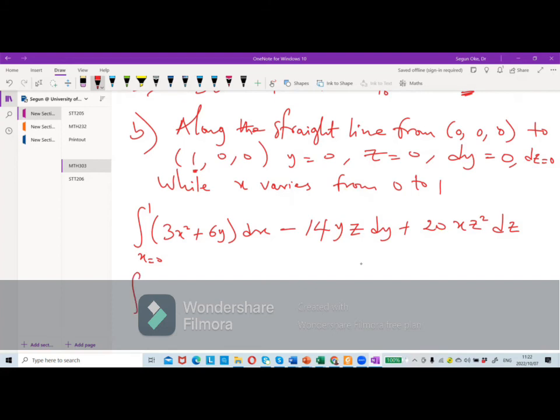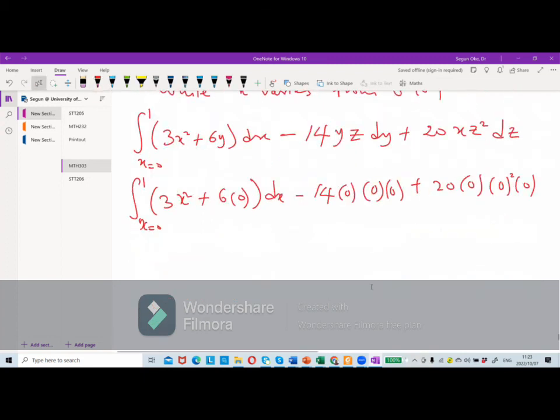So if I want to do it now, I'll just say x equals 0 to 1. Then I'll put 3x squared because x varies, plus 6 of 0 dx, minus 14 of 0 times 0, plus 20 of 0 times 0 squared. You can put the square if you want. So I already eliminated those parts that are not necessary.